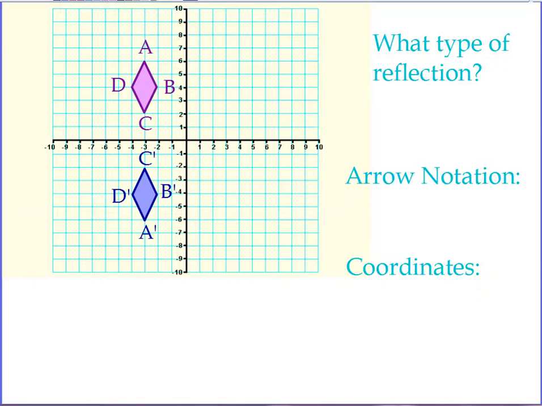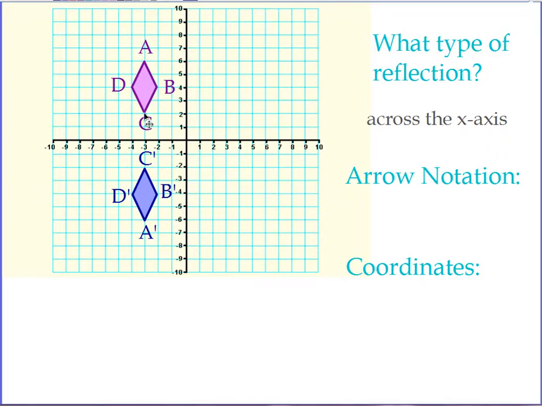Or, again, with that elementary school folding of paper, where could I fold this graph and have the two objects meet perfectly together? Point A meeting with A prime, B meeting with B prime, and so on. In this case, it would be the x-axis, right? So we call this a reflection across the x-axis.